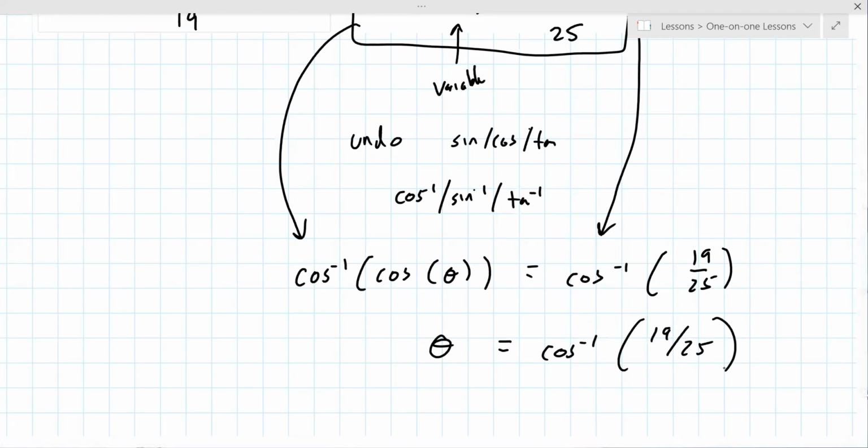Now this is something you can put into your calculator. If you have a scientific calculator, you can just find that button for it. If you need help with that, I could try to help you find it. But it's usually the second button and then cosine. Make sure your calculator's in degrees, and it's 40.54 degrees.